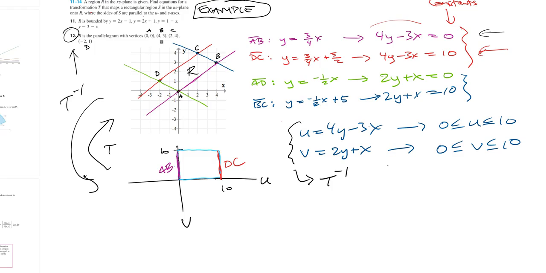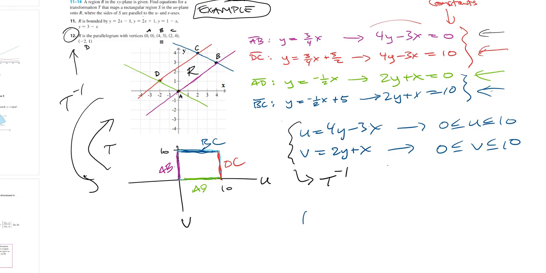And now when v is 0, that's right there, that's AD. V is 0 is on the u axis, so this would be AD. And then when v is 10, that would be BC, like that. And so that's where each one goes.